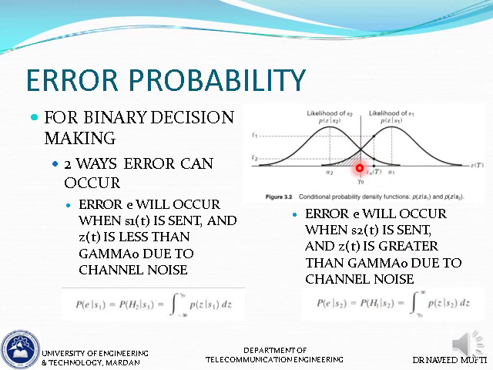So that's what you need to remember. These integrals, or this shaded area, give us the conditional probabilities of error.